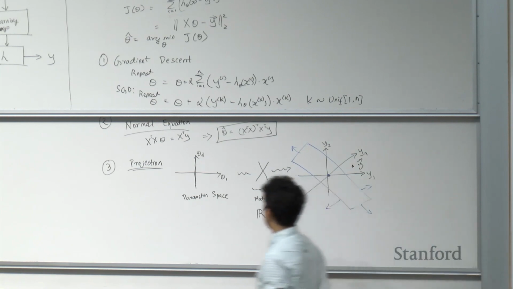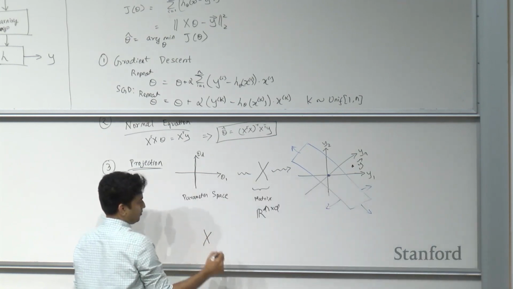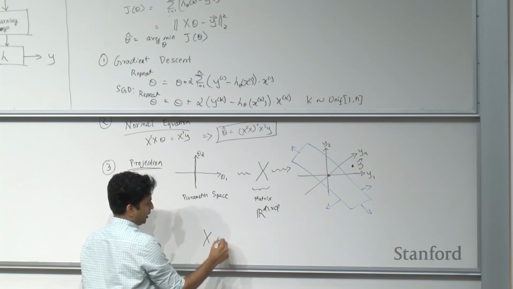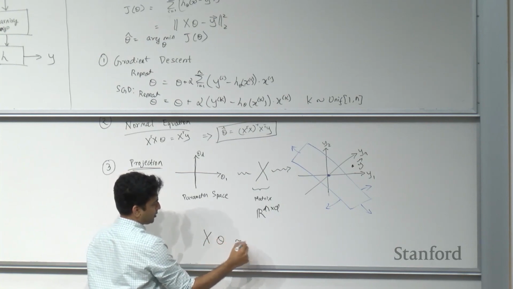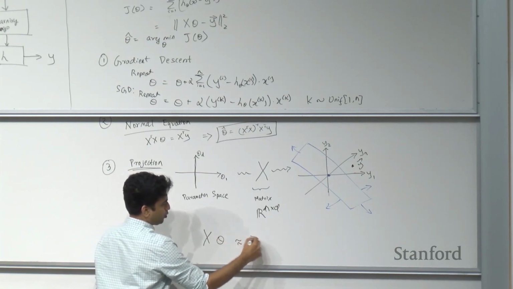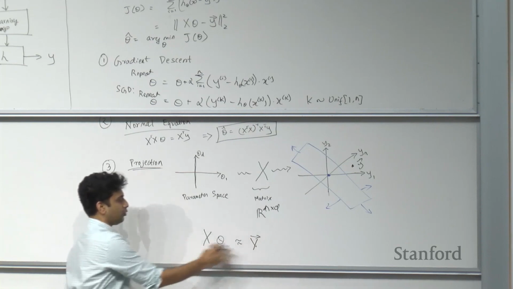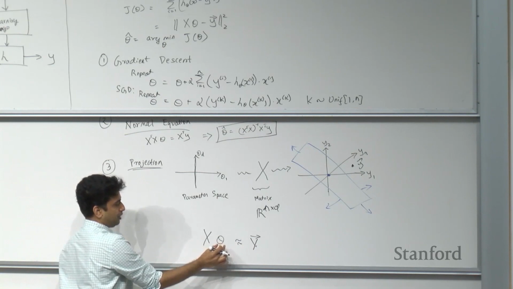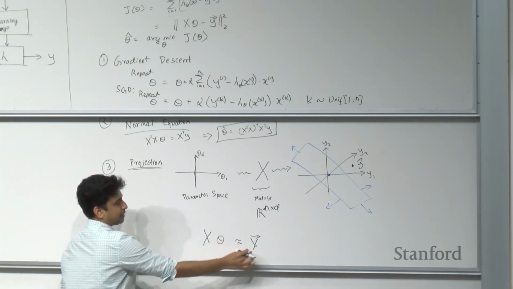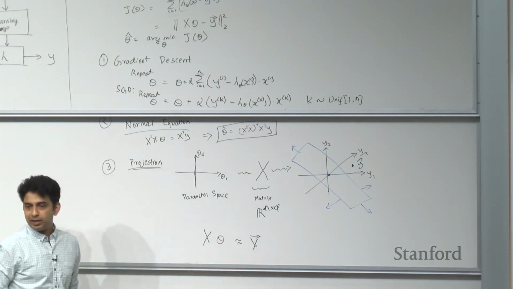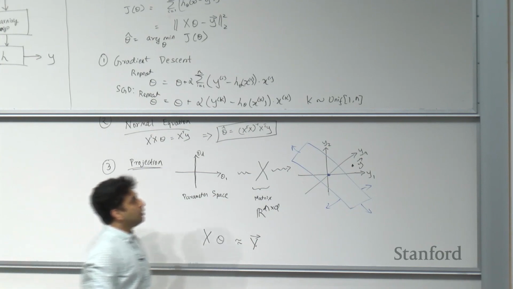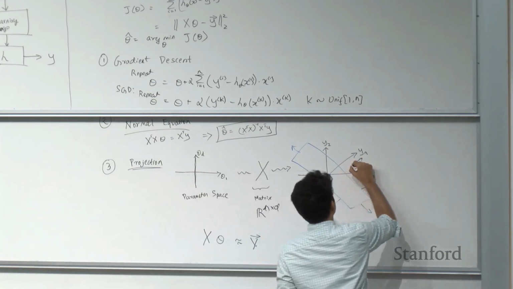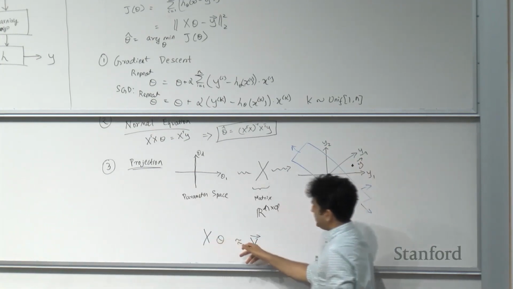So we are given X, and we want to find a theta such that X theta equals y, where X and y come from the training set. We want to find the best possible theta such that X theta is as close to y as possible. Now, we cannot always solve this exactly.